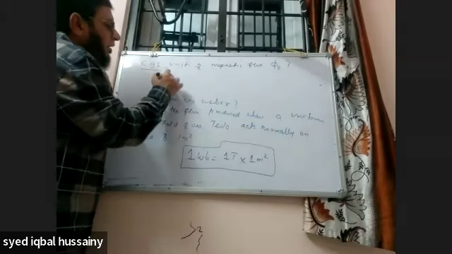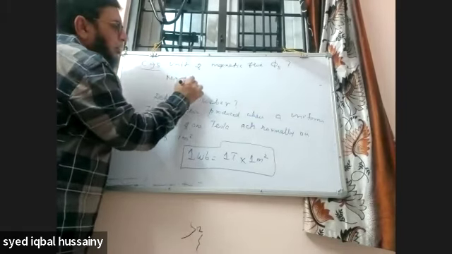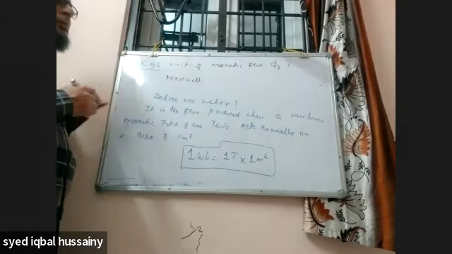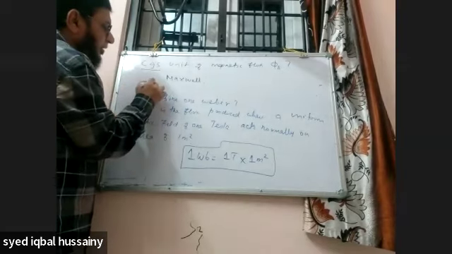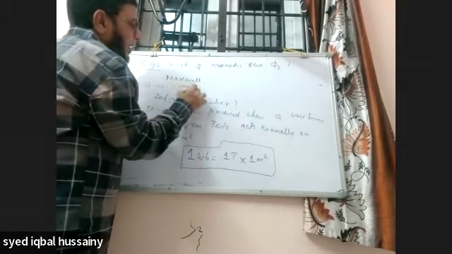So what do we call the CGS unit, children? Maxwell. So what is the CGS unit of magnetic flux? Maxwell. Again they will ask you, define one Maxwell.